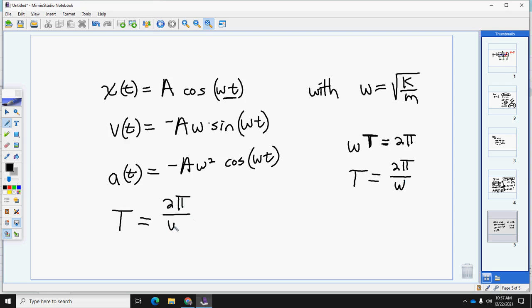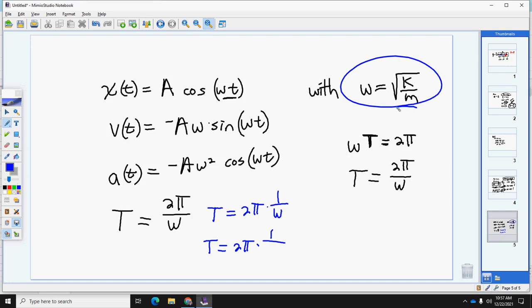And this is just a recap of what we did yesterday. And for all of those, I could put in omega equals the square root of k over m if I want to be more descriptive. But usually it's written there on the side like that. But let's just do it for the last one, because it's the one we learned last year. We would have period equals 2 pi times 1 over omega. But another way of writing that is period equals 2 pi times 1 over, in this case, omega is the square root of k over m.